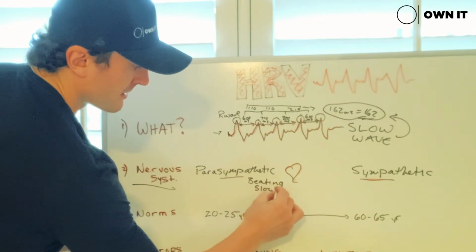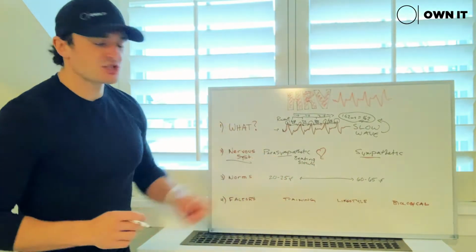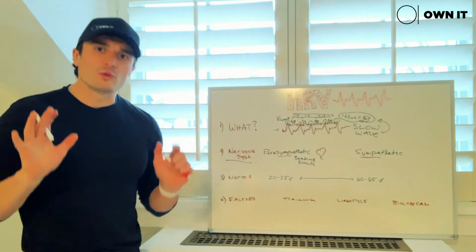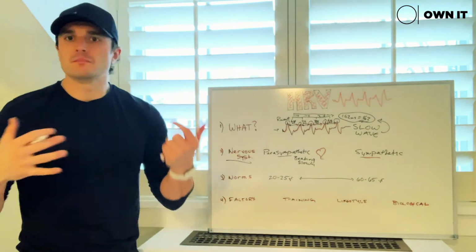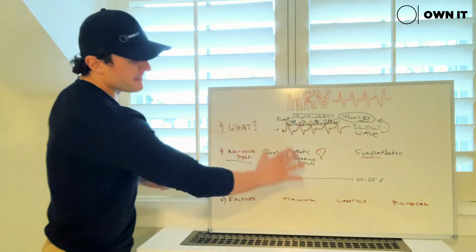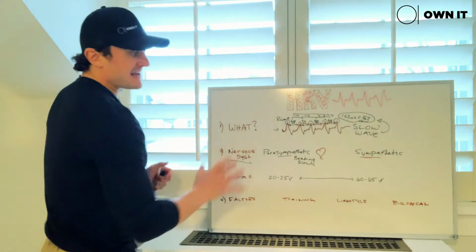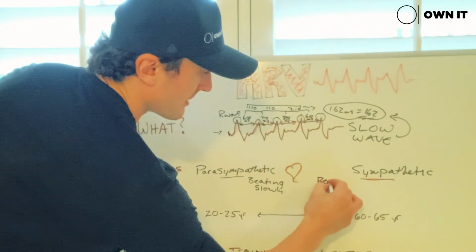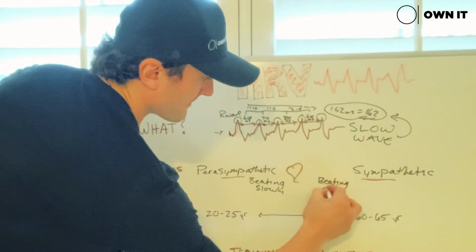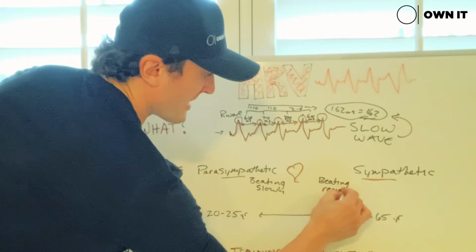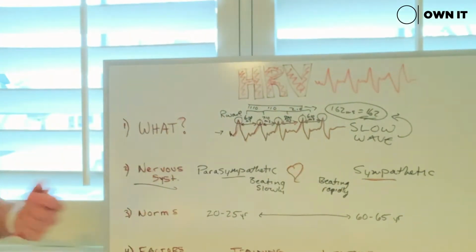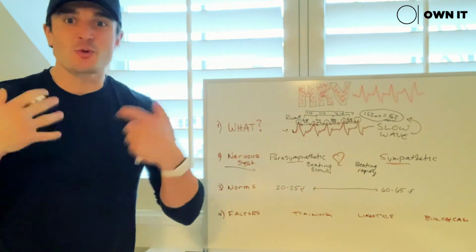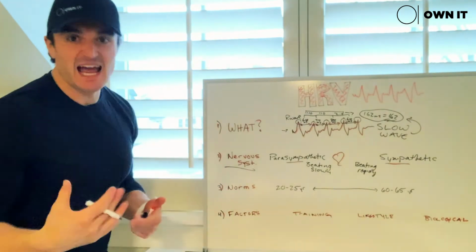This is otherwise known as the rest and digest stage, the nice, slow, relaxed, calm, collected. That's our parasympathetic nervous system. Now, in our sympathetic nervous system, our heart is beating rapidly. With a rapidly beating heart, that's fight or flight. That's like go, go, go. That's quick, quick, quick, and fast action.